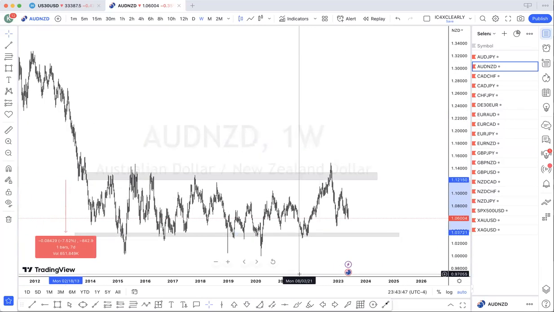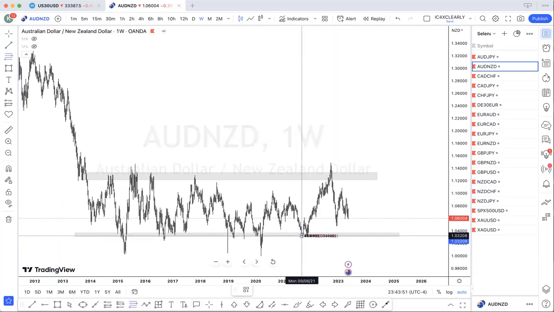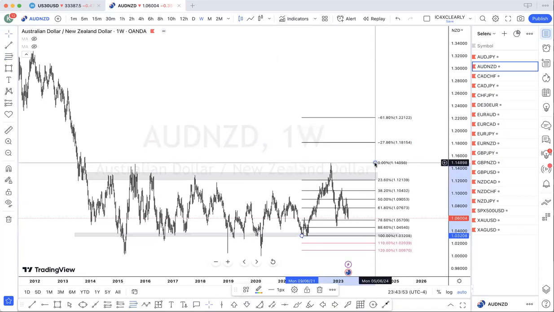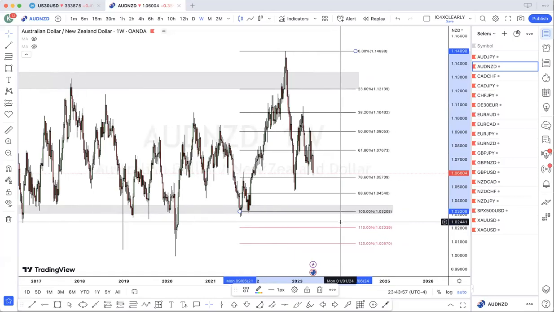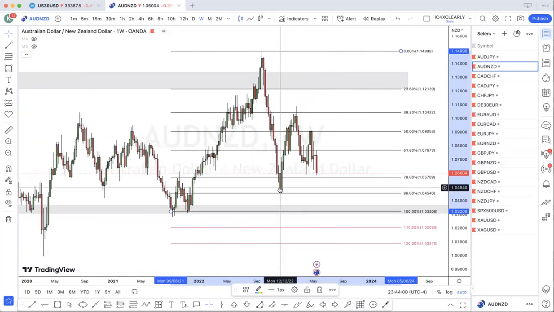So, what I am expecting based on what I see currently, price has pulled back to almost the 88. It filled in this imbalance or area of demand and is pushing to the top side.